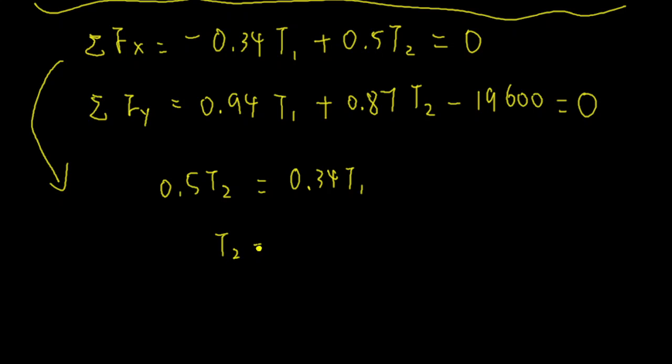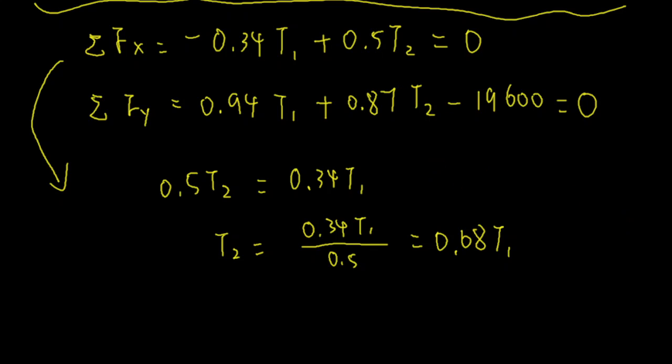So divide both sides by 0.5. So what is T2 equal to? 0.34 divided by 0.5 is 0.68. So 0.68 T1. So we can substitute this into T2 in the second equation. Then we can solve for T1.